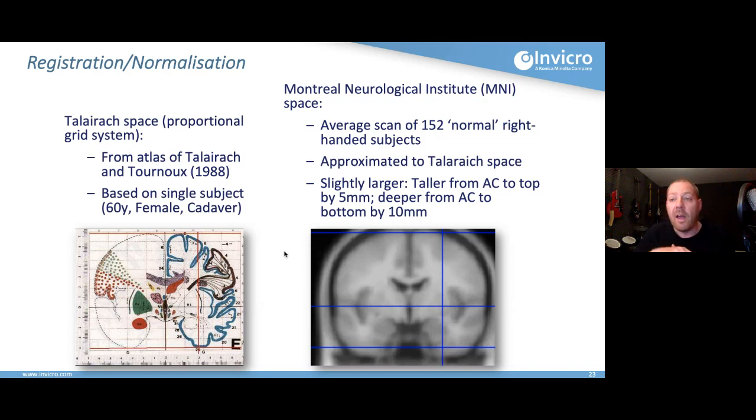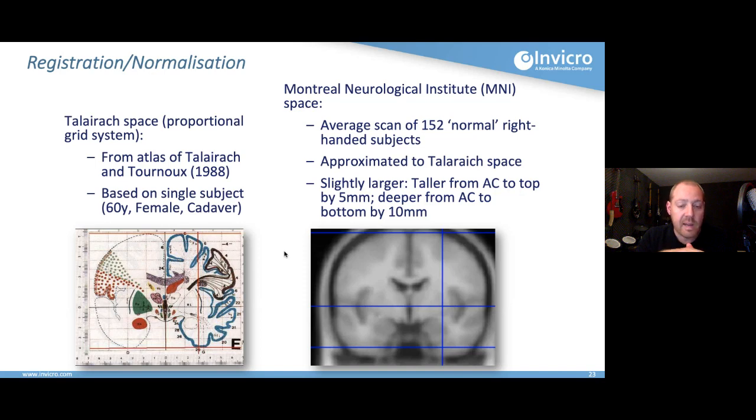What you normally want to do is you scan a bunch of people and you want to get a group level result. You want an average result across all of your subjects for your experiment. But unfortunately, every subject has a different size and shape brain. So you can't just do a straight average across all of your subjects' brains to get an average result.